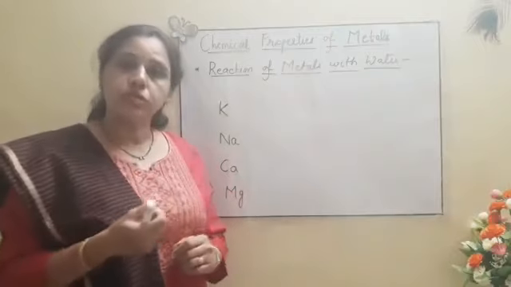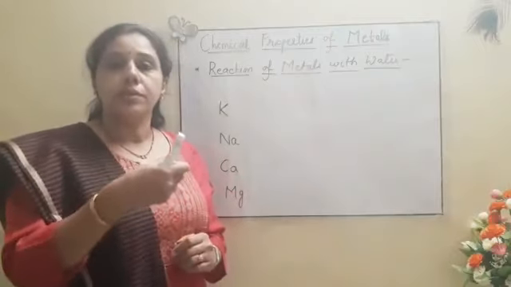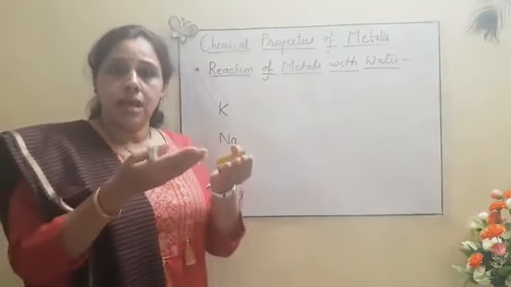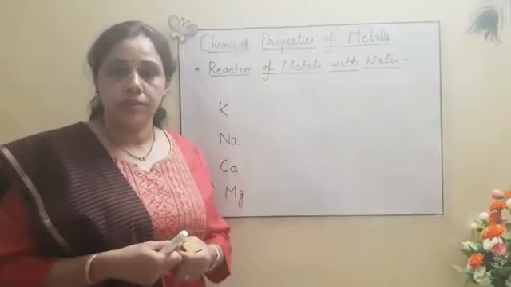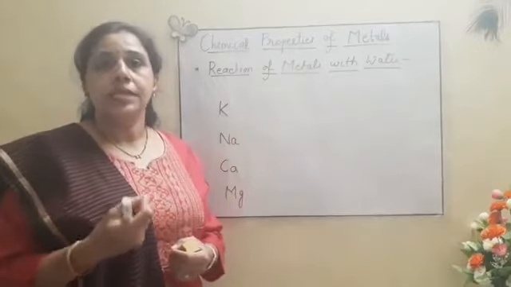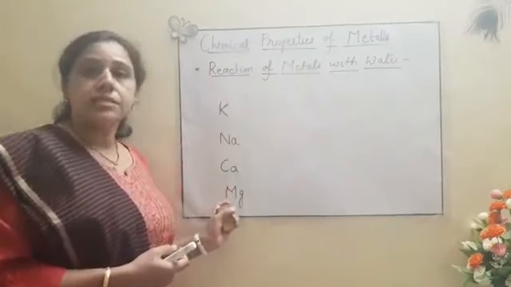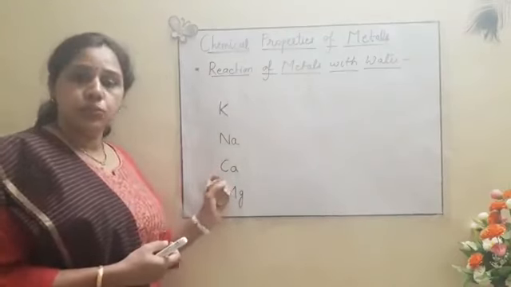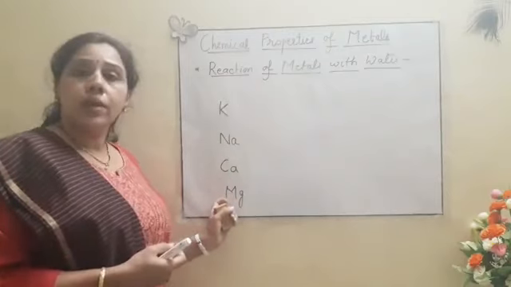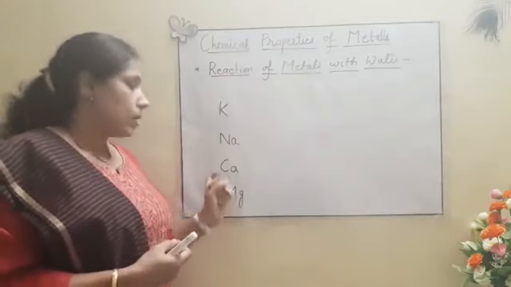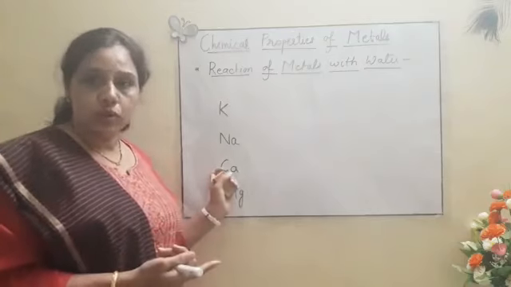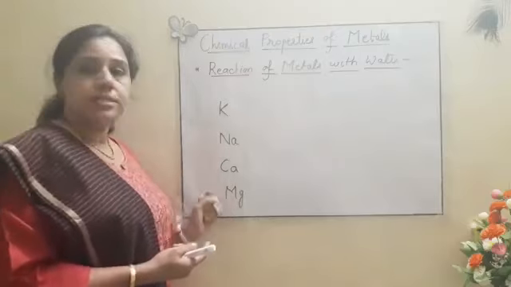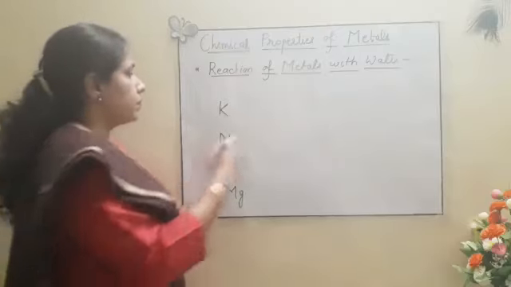Instead, the hydrogen gas bubbles stick around the metal surface and make it rise up and float over the surface of water. This is a peculiar thing observed in case of calcium as well as magnesium. The only difference between the two is magnesium requires hot water for the reaction, whereas calcium can react with cold water also. Now we will write the reactions of all these metals with water.